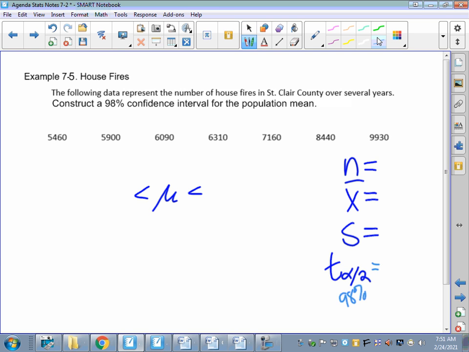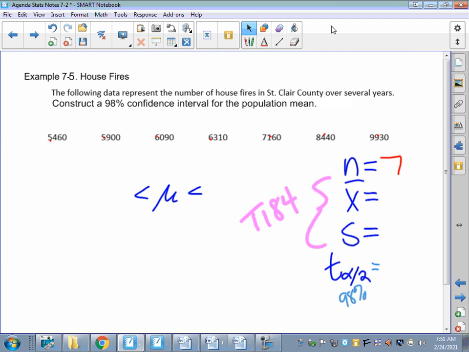On that last problem, I gave you everything. I do know n. I've got 1, 2, 3, 4, 5, 6, 7 pieces of data. I, however, do not have X bar and S. I can look up my t value. To find these two, you are going to need to use your TI-84 and find your X bar and your sample standard deviation. Then you can complete that problem and construct your confidence interval.